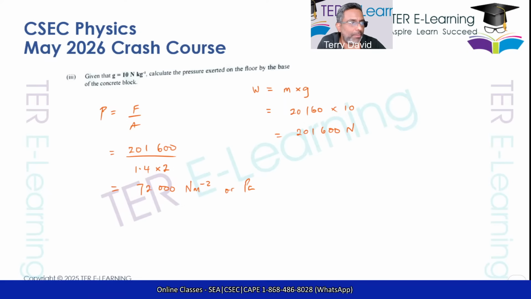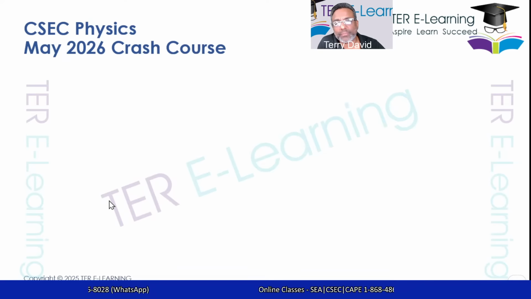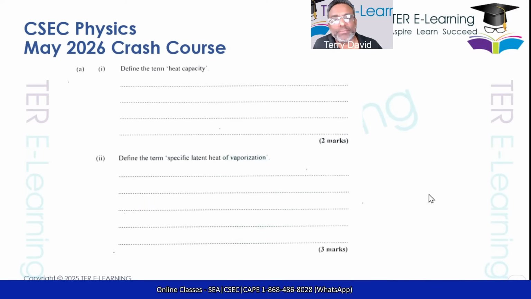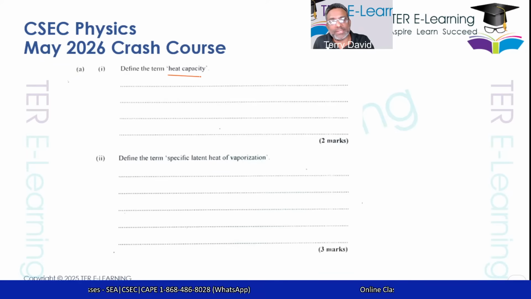Now if they bring thermal physics looking like this, this is going to be a breeze for some people. It is usually pretty straightforward. So this is the third question on the paper here. They want you to define heat capacity. Be careful, because sometimes they can ask us heat capacity or specific heat capacity.